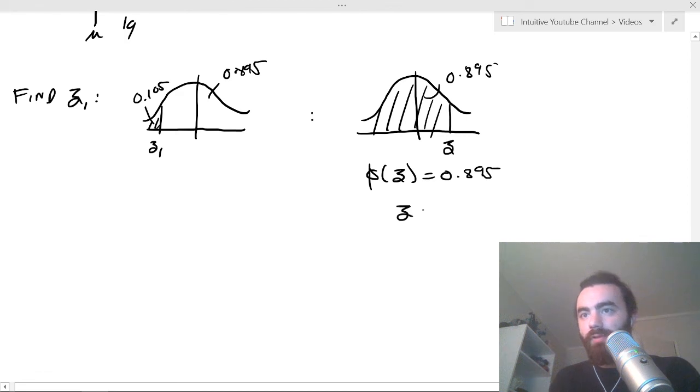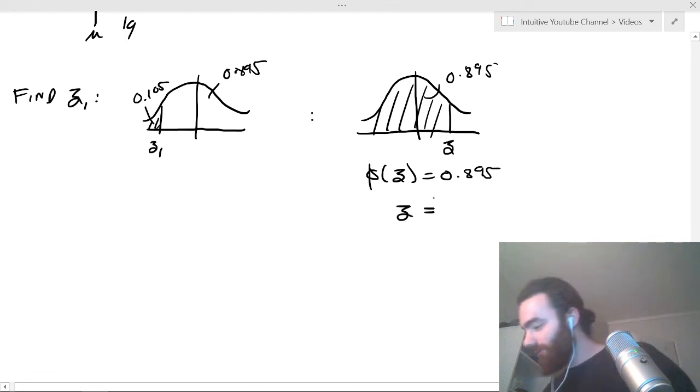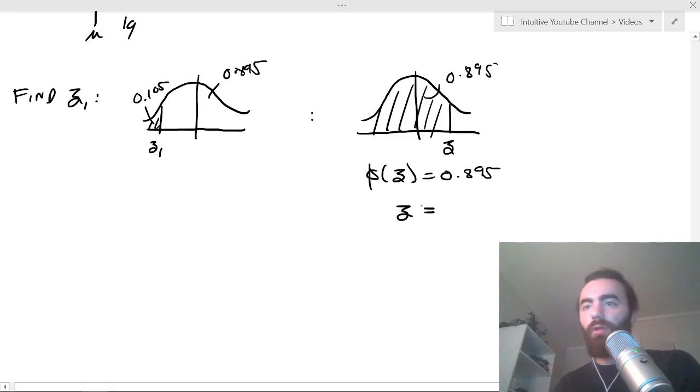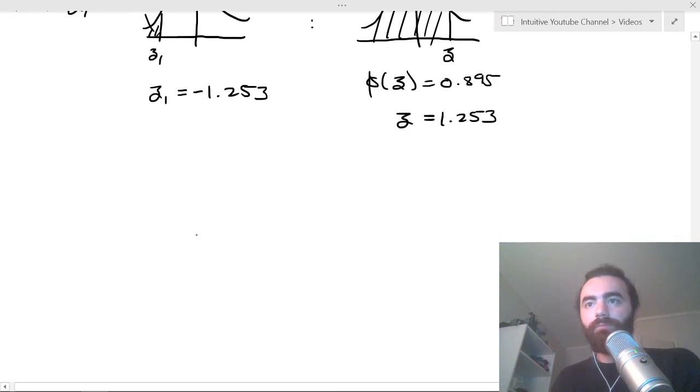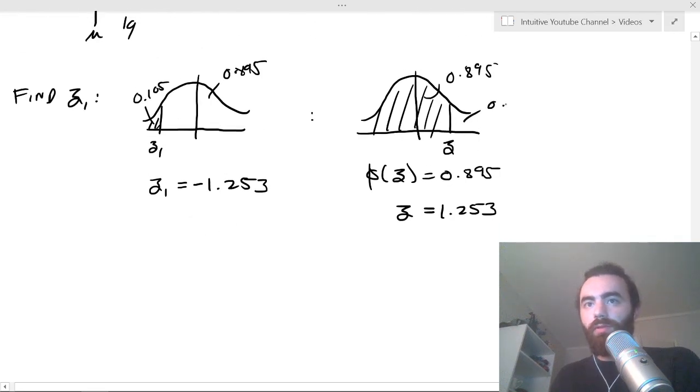The z that corresponds to this is, and I looked it up, 1.253. That means that this z1 here, because you can see it's just a reflection, is going to be minus 1.253. Remember, this area will be 0.105.